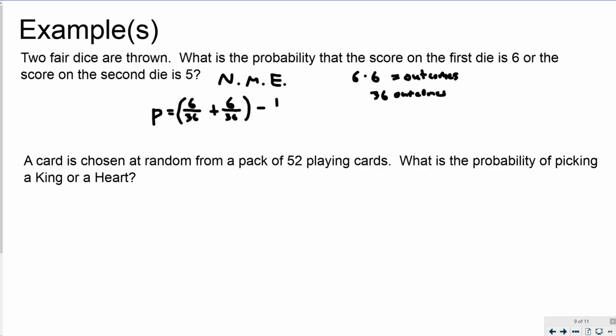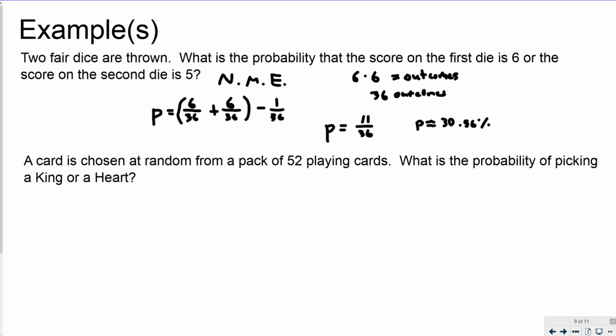So we have to take out 1 over 36 outcomes. So you get that P is equal to 11 over 36. So 11 divided by 36 gives us that the probability would be approximately 30.56% of having either a 6 on the first die or a 5 on the second die, but not both.